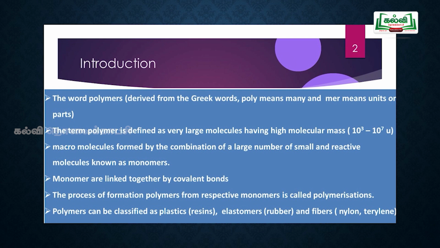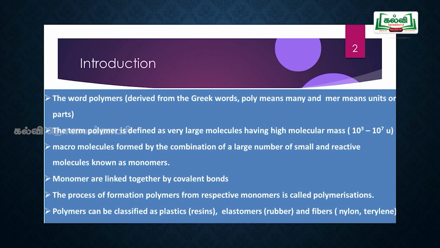Molecules having mass 10 power 3 to 10 power 7 u. You know what the u represents? Atomic mass unit, unified atomic mass unit. So macromolecules having a mass of 10 power 3 to 10 power 7 are called polymers. How are polymers formed? Many small molecules, you know what a small molecule is called? Monomers, combined to form a very big long chain molecule, is called a polymer.